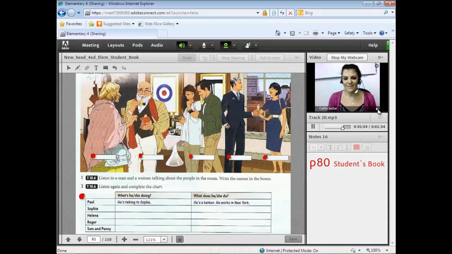He works for the British Museum. Really? Wow, what a job. So that's Paul and Sophie, Helena and Roger. Now, there are 2 more. Who are they? They're Sam and Penny. They're looking at a photo on Sam's phone. And what do they do? They're designers. They make clothes for children. Okay. So that's everybody. Thanks. That's all right.